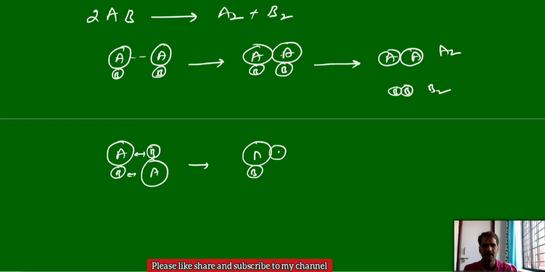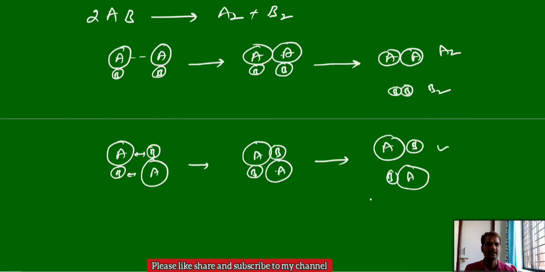In this case, bond breaking and bond making take place between this AB and this AB again, and they give the molecule AB, and below we get BA. You get the product like this.